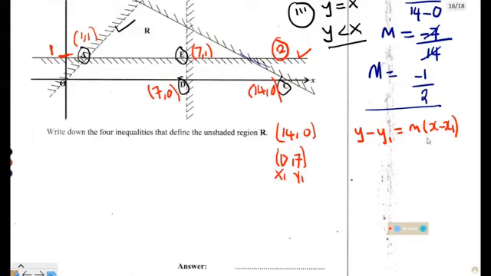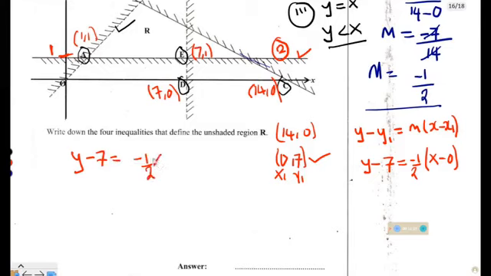So you plug it in this formula where there is y1 we put a 7 because I've picked these coordinates. Gradient is negative half, open bracket, x minus x1, which is 0. Let me write it here: y minus 7 equal to negative half x.